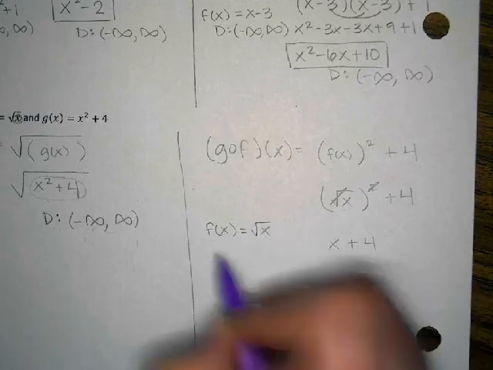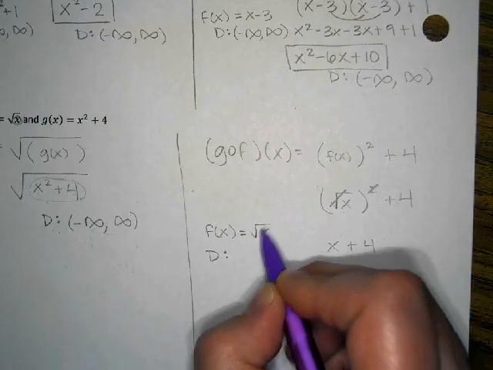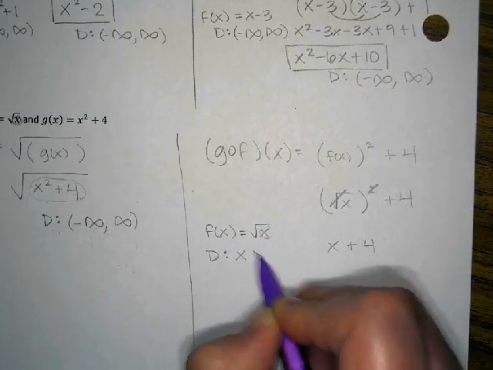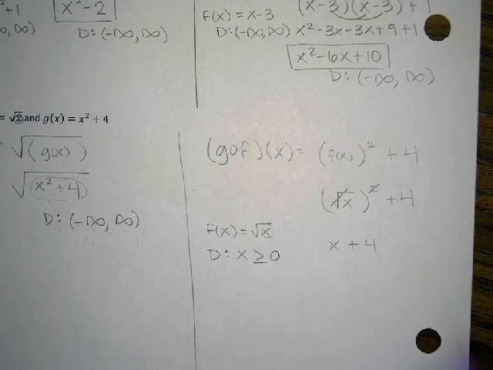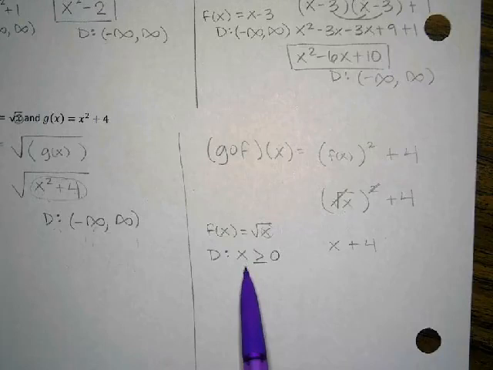What's underneath the square root sign has to be positive or 0. So what's underneath the square root sign has to be greater than or equal to 0, and then you solve for x, right? This only has an x underneath the square root sign, so this is the domain. So this is the domain written as an inequality. How would I write the domain as an interval?